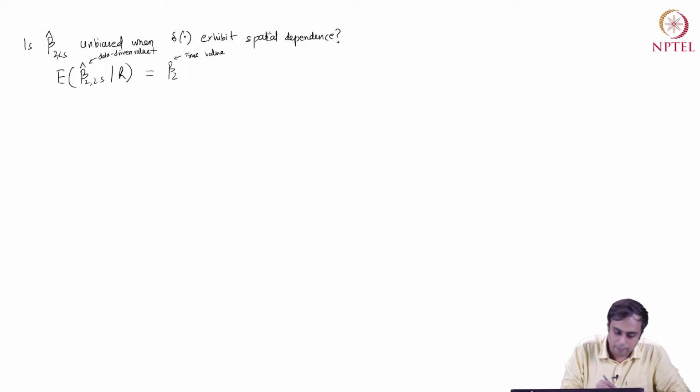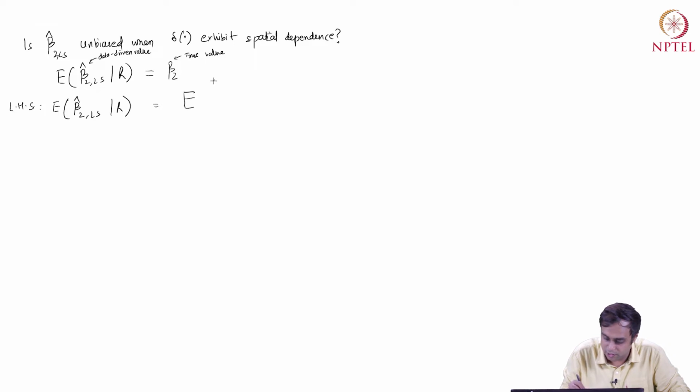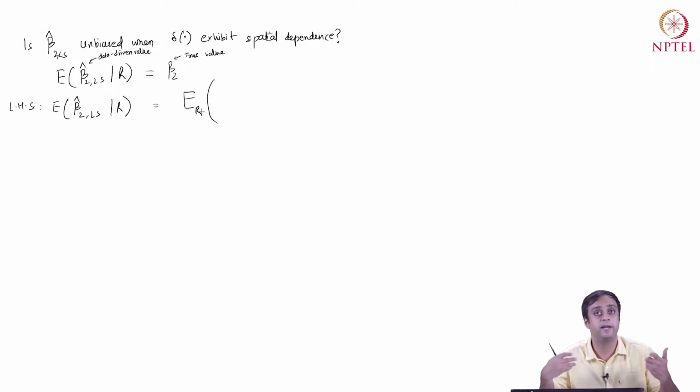Okay, so I'm going to work with the LHS. Obviously, I have to, right? So I have the expectation of beta hat 2 LS given R, which is to say that I am working with an expectation of, just to make my notation easier, I'm going to say expectation conditional on R is E sub R. This basically means I'm working with conditional expectations.